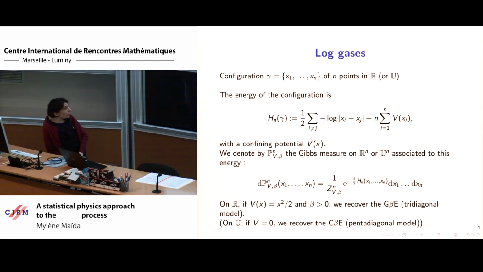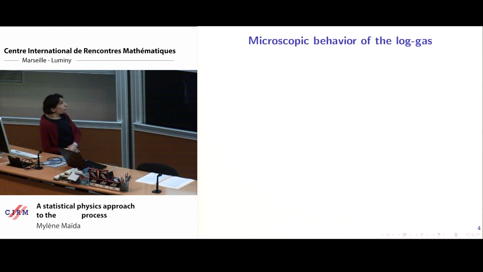And in the real models, I have to zoom around a point which is inside the bulk of the limiting measure. This is classical, and I will assume, for example, that 0 is inside. So I will just multiply all the points by n, and x1, ..., xn will be replaced by nx1, ..., nxn. Okay, so I just zoom, and I look at the microscopic model.